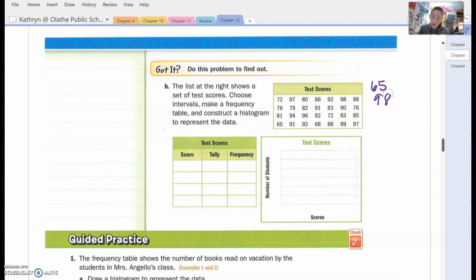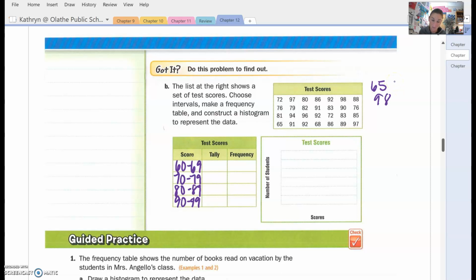Okay, so with that, I'm going to do mine in groups of 10. So I'm going to do 60 to 69, and then 70 to 79, and then 80 to 89, and then 90 to 99. Okay, so that I know that I'm going to get my lowest and my highest.